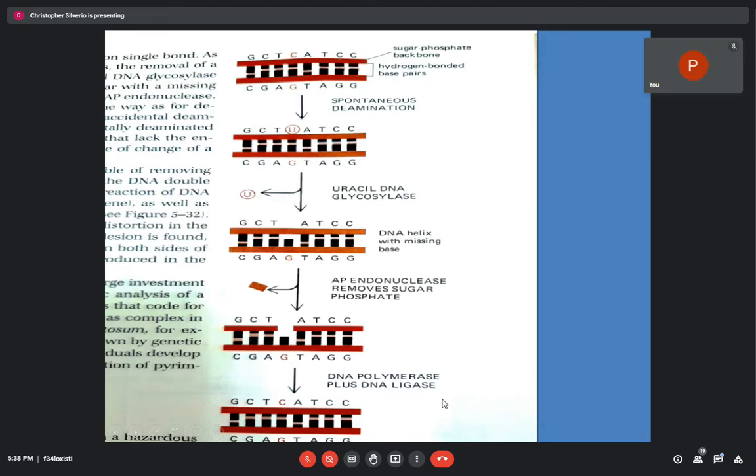And that is how the deamination is repaired by four enzymes: enzyme glycosylase, enzyme endonuclease, enzyme DNA polymerase, and enzyme ligase.